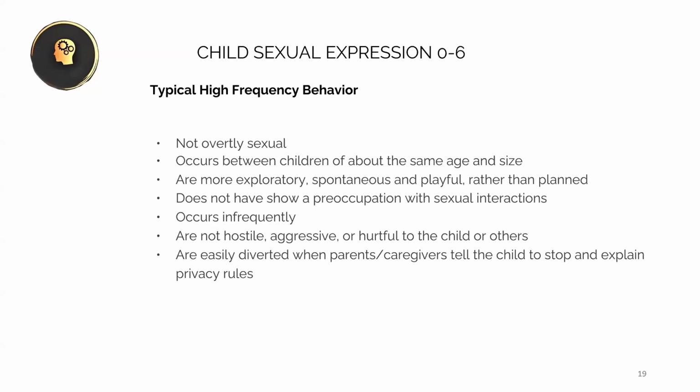So you may be in contact with a child who is doing some type of exploration or not being modest in public, and when we redirect that child, they take that in and they stop that behavior. So that's one of the signs of a child who is having some normative, typical sexual behavior.